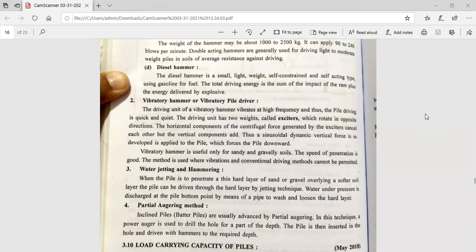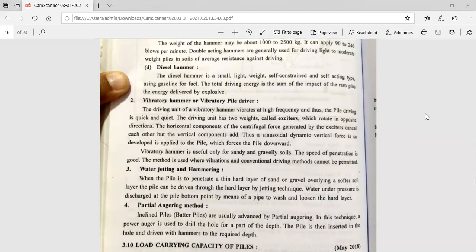Next is the vibratory hammer, right? The driving unit of this hammer vibrates at a high frequency, and that's why pile driving is quick and quiet. The driving unit has two weights called exciters, which rotate in opposite directions. The horizontal components of centrifugal force generated by the exciters cancel each other, but the vertical components add.